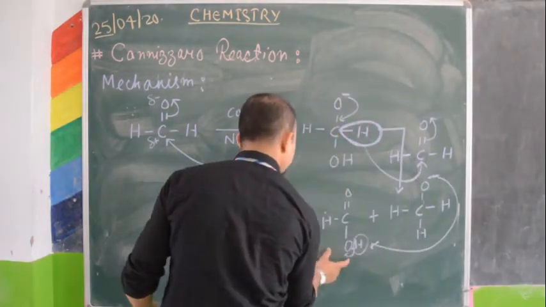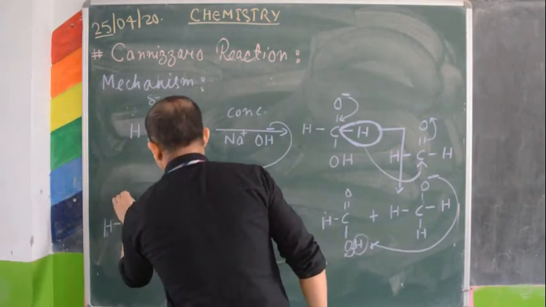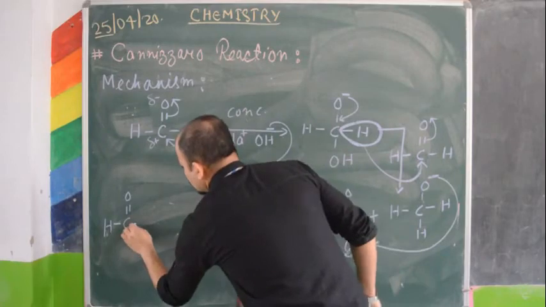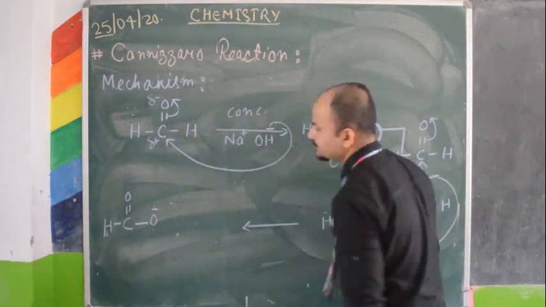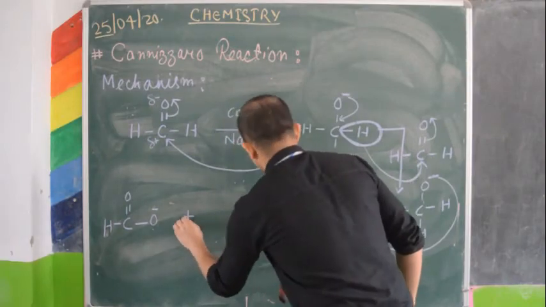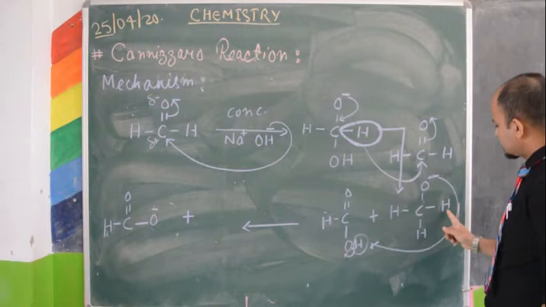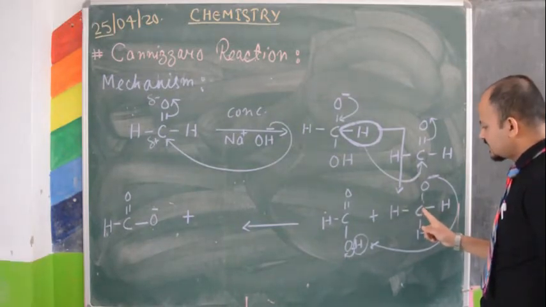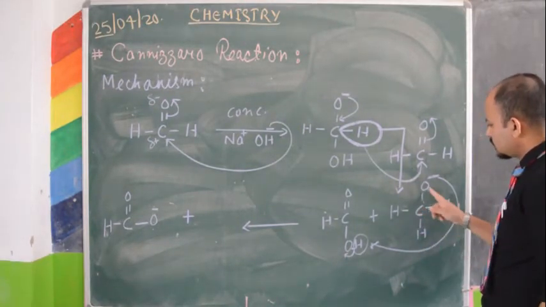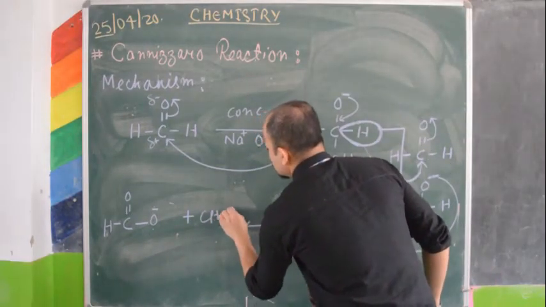Okay? So let me write this part now. H, C, double bond O, O minus, I'm writing it over. Plus, the other compound is what? See, it is 3 hydrogens attached to carbon. That means CH3OH.